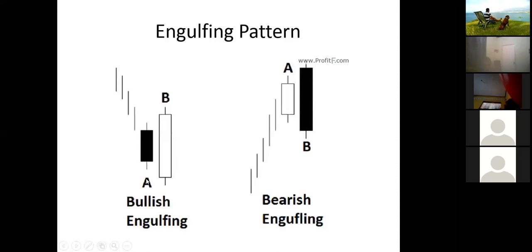So price opened here, and then you had a very strong bullish move and closed above. As you would see, the high of this candlestick is above the previous high of this red candlestick, and the low is lower than the low of this candlestick. So this two-candlestick formation, showing that the bullish candlestick engulfed or covered this bearish candlestick, is an indication of a trend change or opportunity to buy.